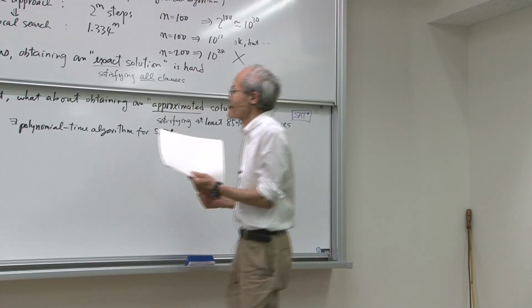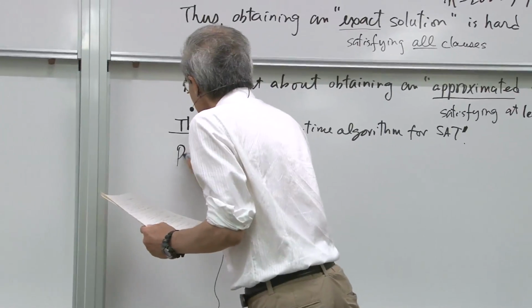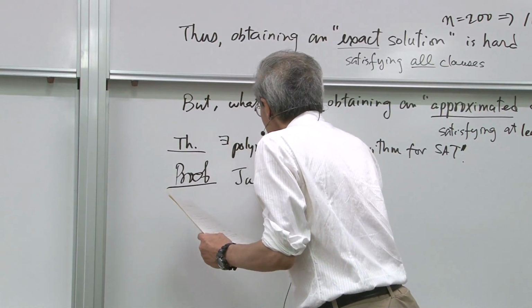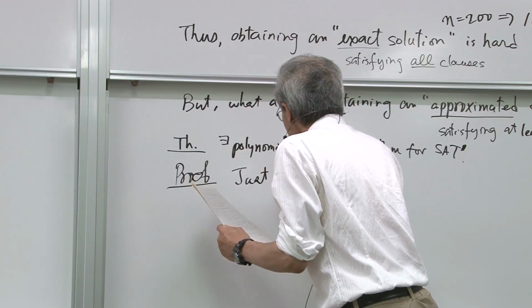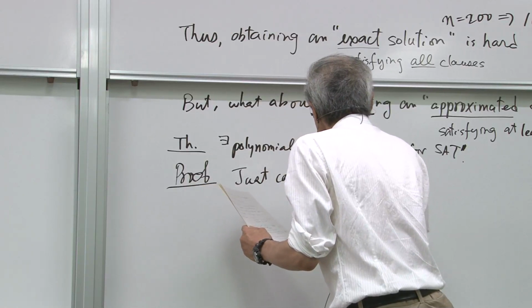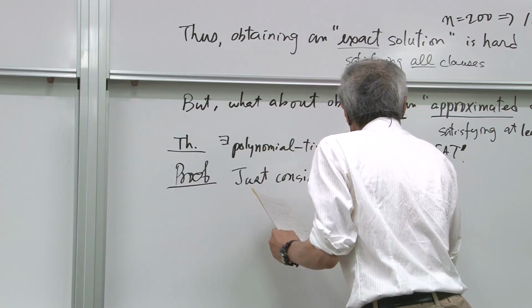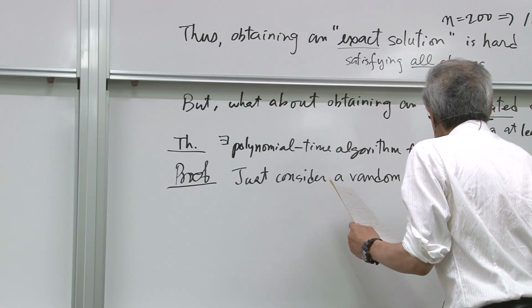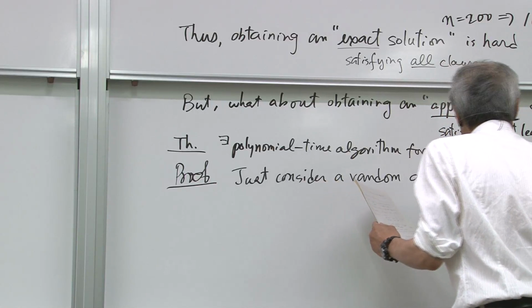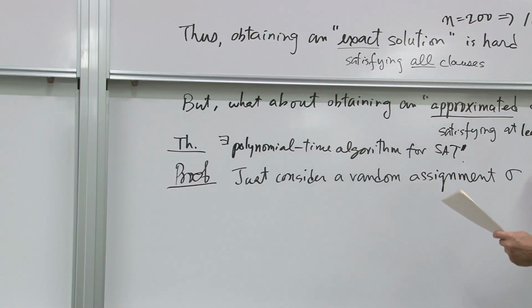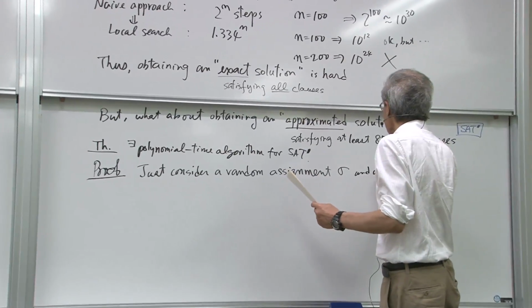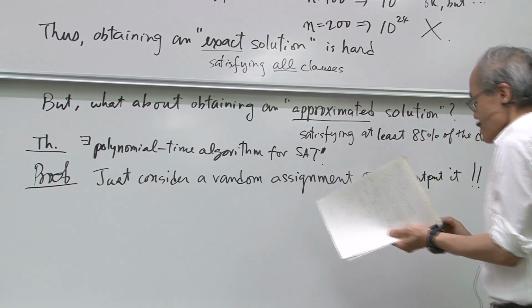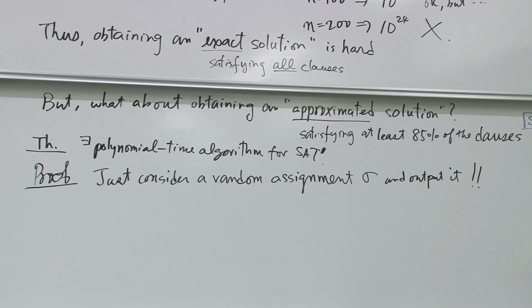Proof, okay, proof is just one line. Our algorithm is just one line.